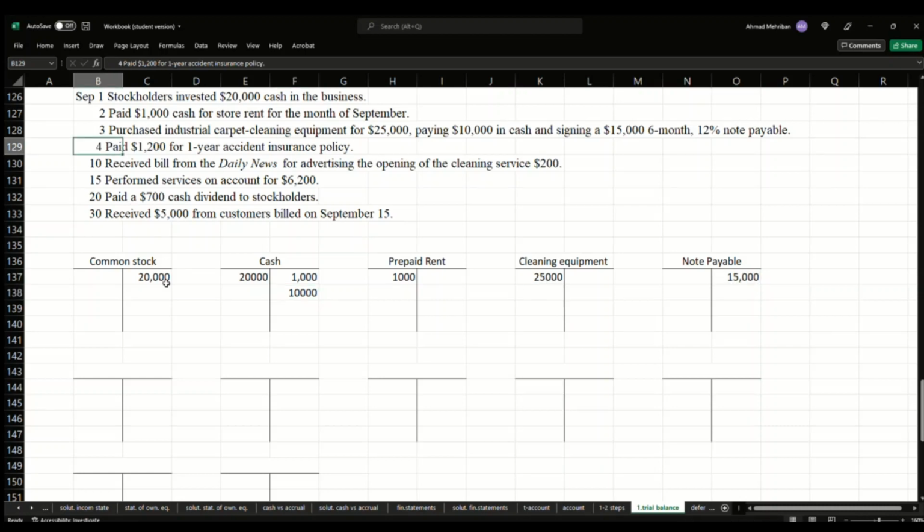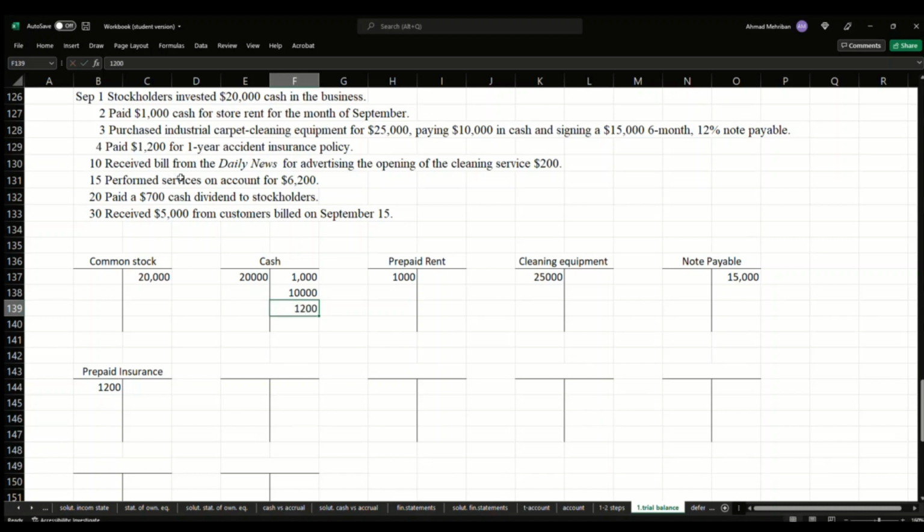Now next is September 4th, we paid 1,200 for a one-year accident insurance policy. For a one-year accident insurance policy, it implies we have prepaid insurance. Prepaid insurance is our asset, and we record it on the debit side, and we paid in cash, so that's a credit entry to cash.